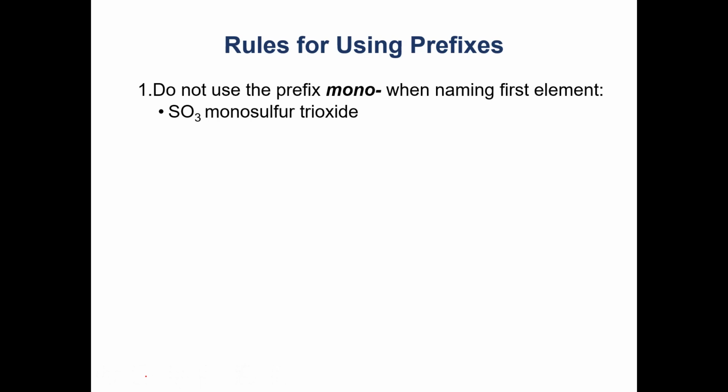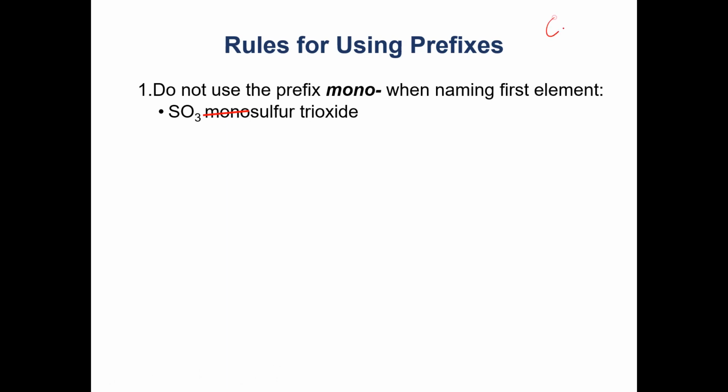When we only have one of the first element, we don't use the prefix mono. Now we do use it for the second element. So for example, when we named SO3, you might have noticed that we didn't put mono on the first element. We would not call this monosulfur trioxide. We would just call it sulfur trioxide.